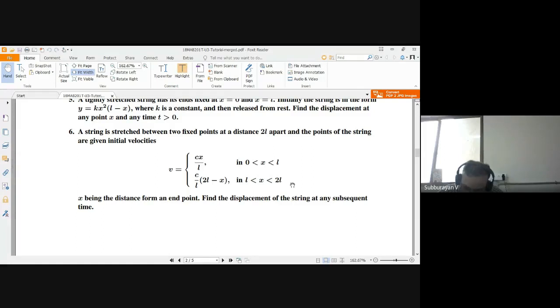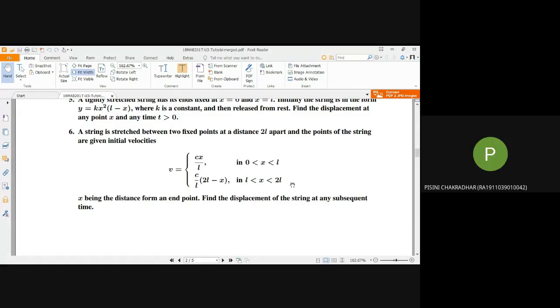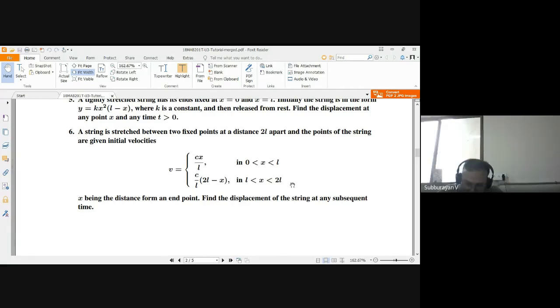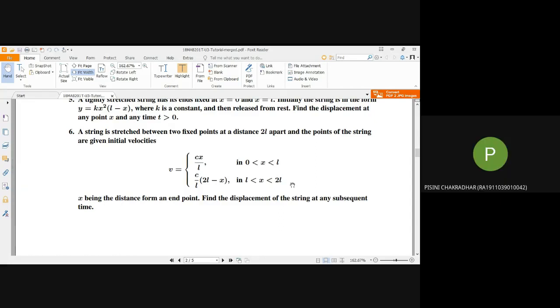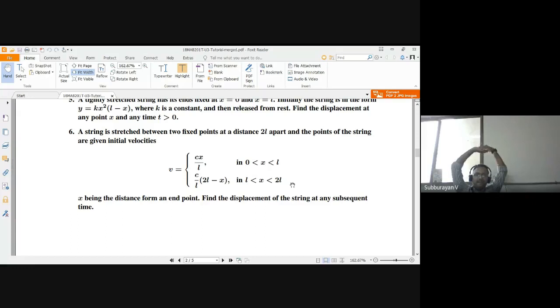Because here there is non-zero velocity, therefore definitely sine. Sine it will come. So therefore sine n pi ct by 2L. Okay, and find out the value of bn dash.